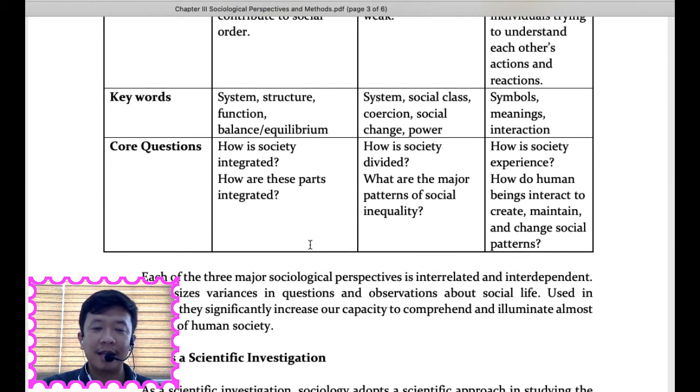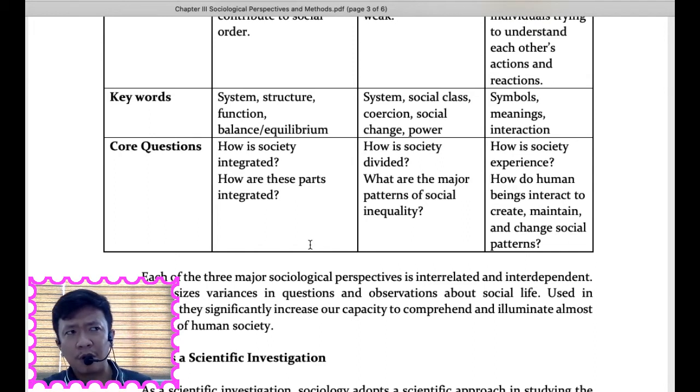So, ang mga tanong na tinatanong palagi ng mga structural functionalists would be, how is society integrated? How does it maintain social solidarity? Okay? How do the parts, okay, collaborate, agree, and work together? Okay? Yun yung palaging tinitingnan ng structural functionalism.